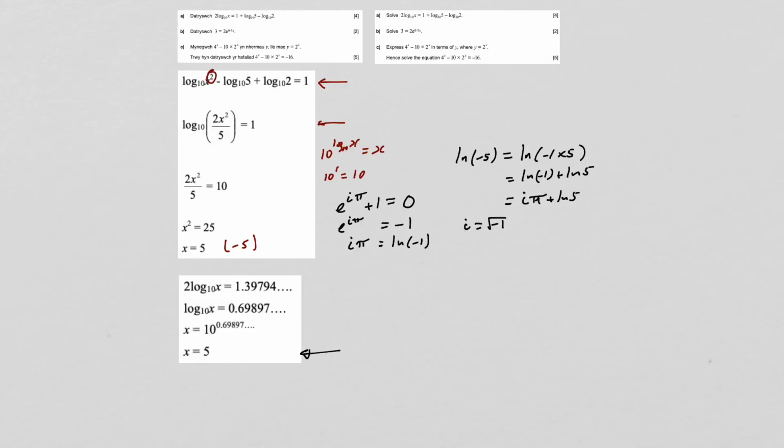And in fact, on some earlier calculators, we may well have ended up with something like x equals 4.99 something, or 5.001 something. And in fact, by doing it in a more mathematical way, as we did in my version of the answer and in this part of the mark scheme, then you get the exact answer.